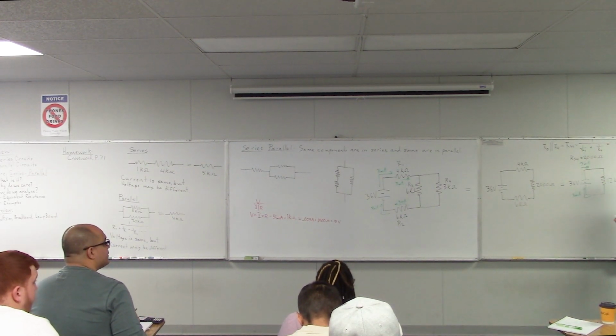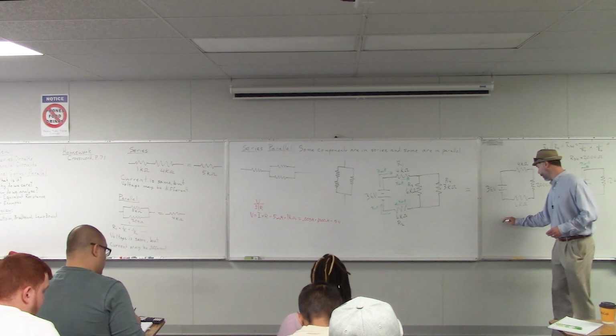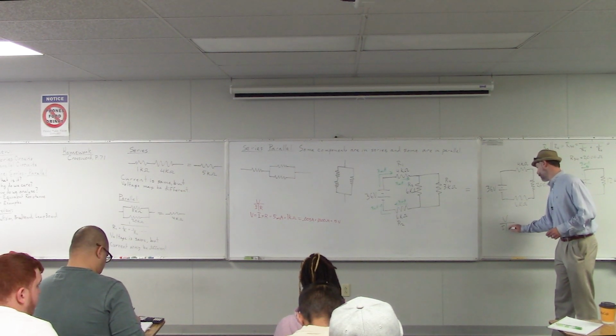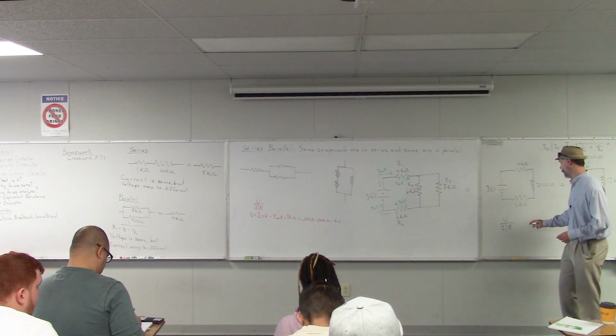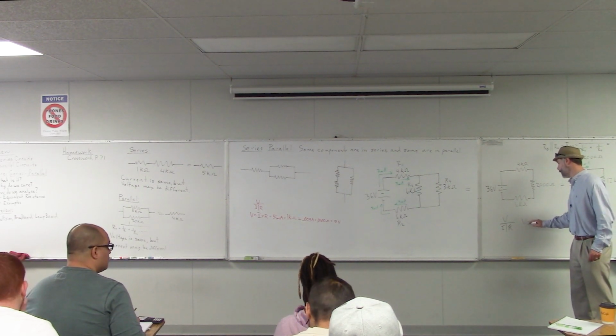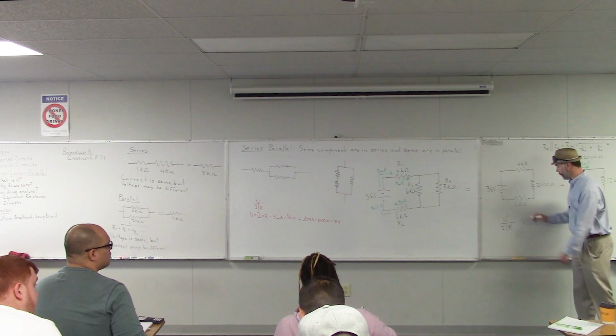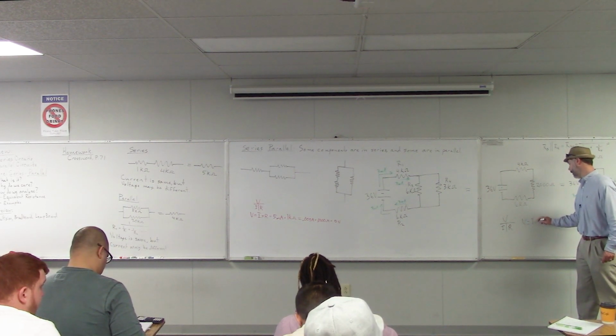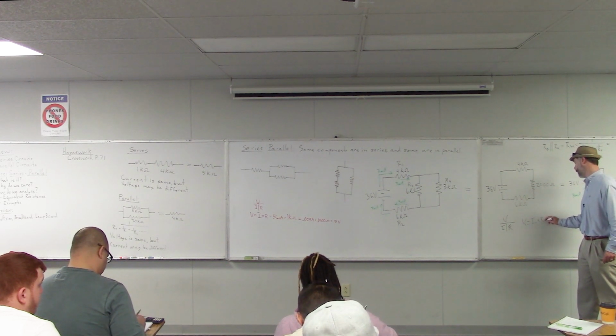So again, we use Ohm's law. We want to find the voltage, so we write down V equals, we cover that up. We see that it's I times R. So V1 is I1 times R1.